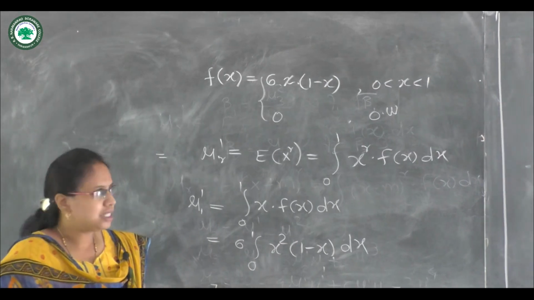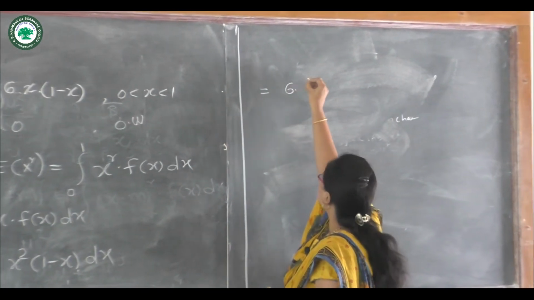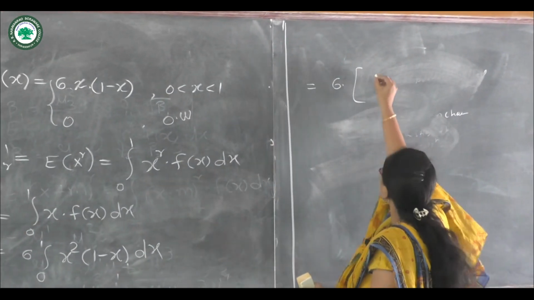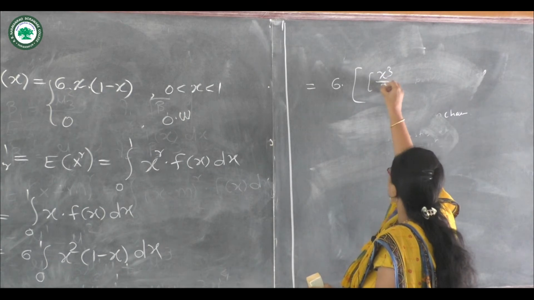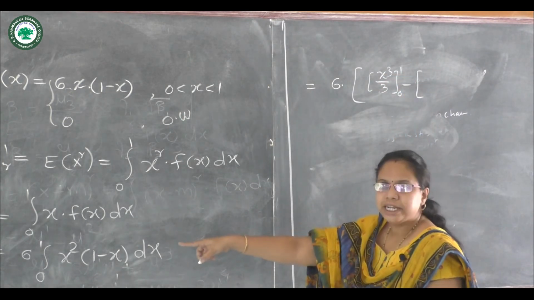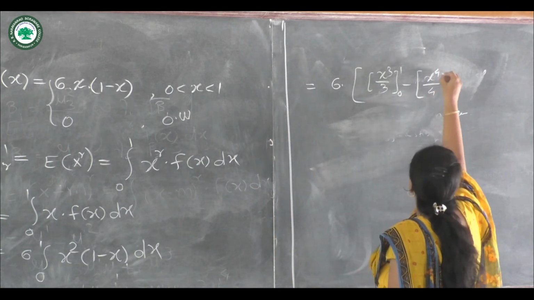Let's solve this integration. It equals 6 into, here we know the integration of x square is x cube upon 3, and the integration of x cube is x raised to 4 upon 4.